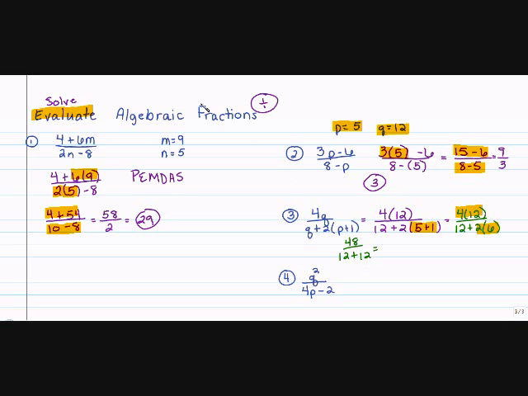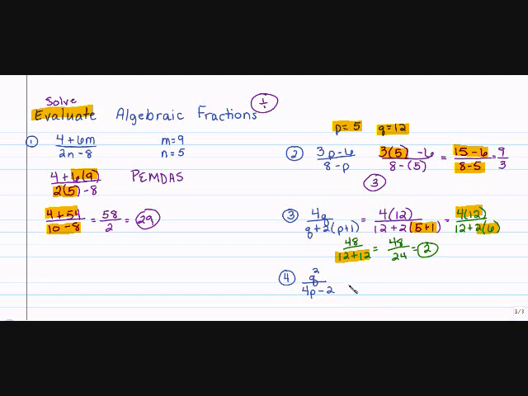Now I need to solve my addition on the bottom. I did not solve the 48 yet. 48 divided by 12 plus 12 is 24. And if I were to divide it, 48 divided by 24, I'd get 2.